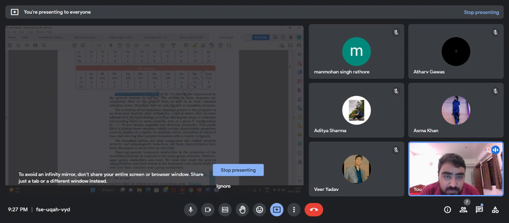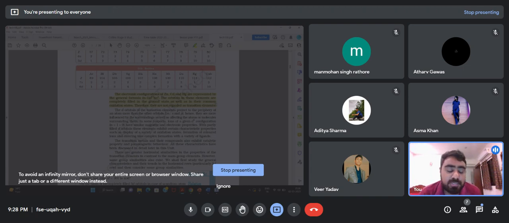The electronic configuration of zinc, cadmium, and mercury is represented by (n-1)d10 ns2. So if in the d orbital there are 10 electrons, the orbitals in these elements are completely filled in the ground state as well as in their common oxidation state. Therefore, they are not regarded as transition elements. So you understood the difference between d block and transition elements?